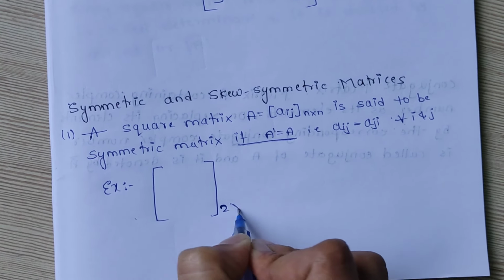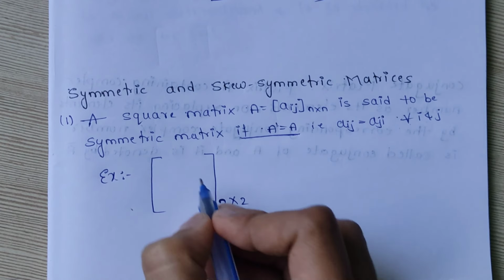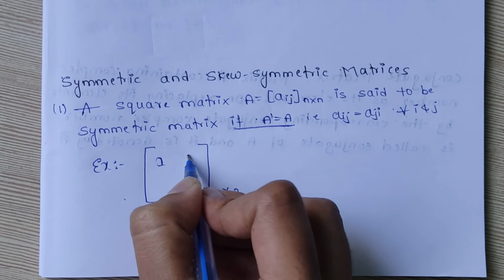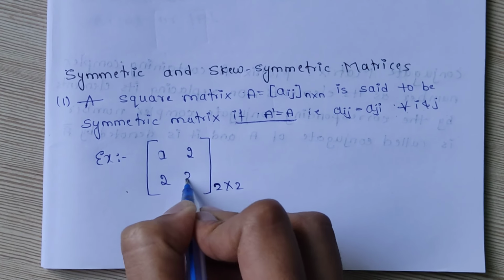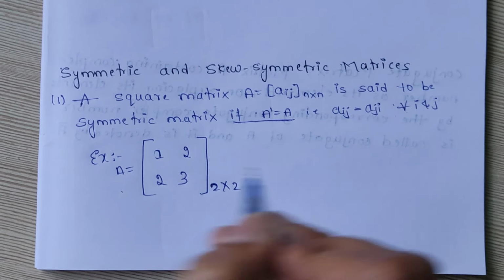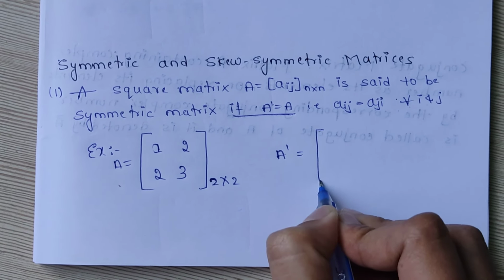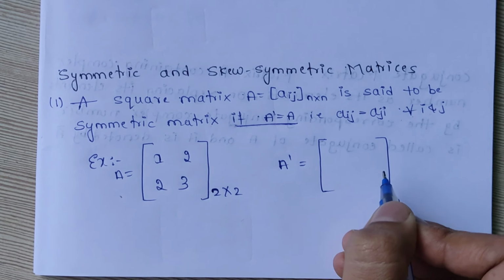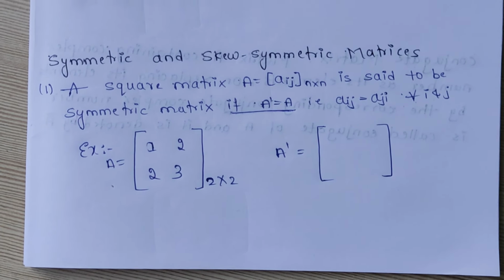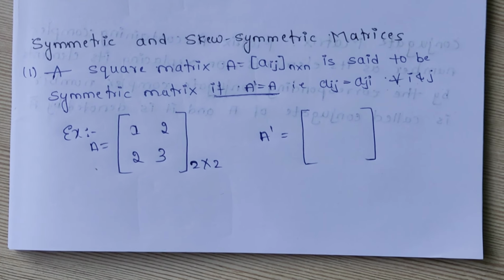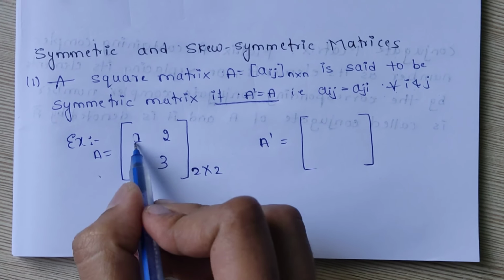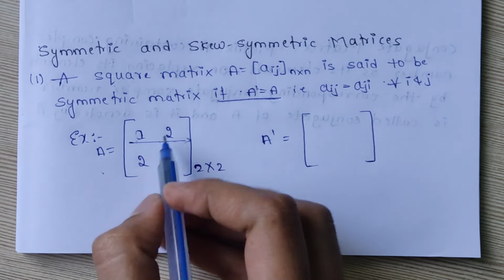So take a 2 cross 2 matrix: 1, 2, 2, 3. This is matrix A. So what is the transpose of this matrix? As we already know, the transpose is obtained by interchanging rows into columns. So this is the first row.